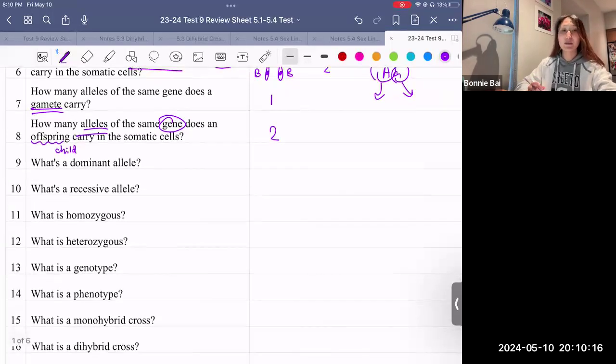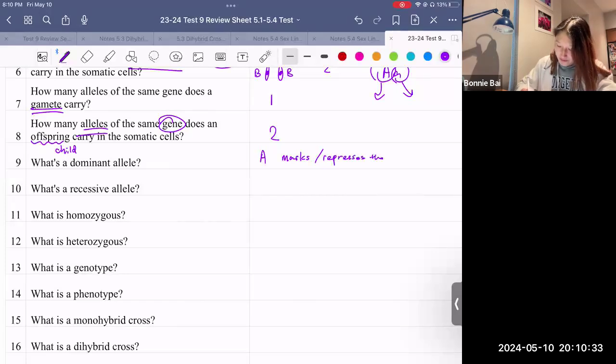All right, what is a dominant allele? A dominant allele, you can think about it as big A, but what does that mean? Dominant allele masks or represses the recessive allele.